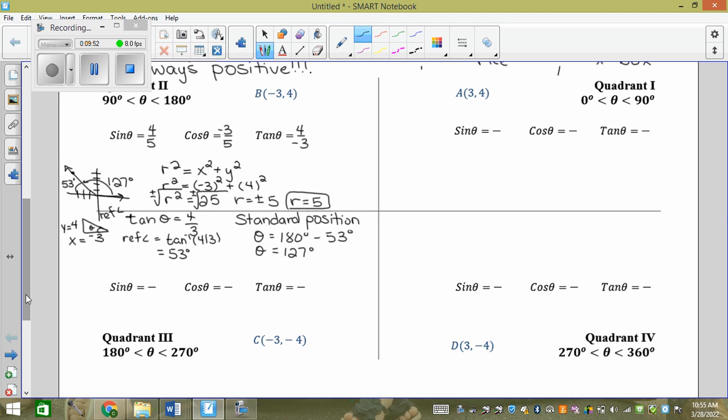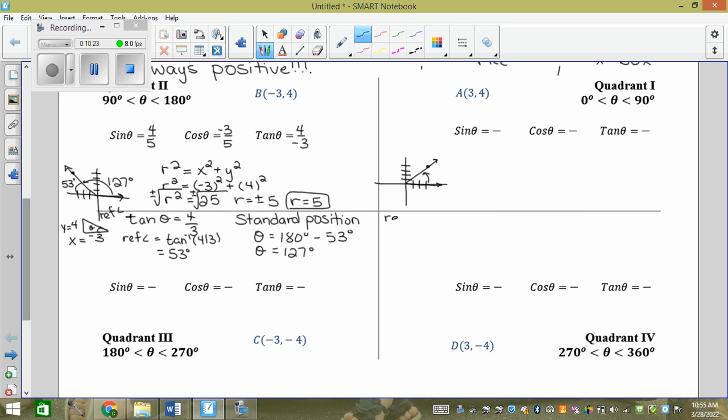So here we have 3, 4. It is a coordinate. Let's draw it. So you have 3, 4. If I want the standard position angle, it's going to be the reference angle, correct? Because it's in quadrant 1.